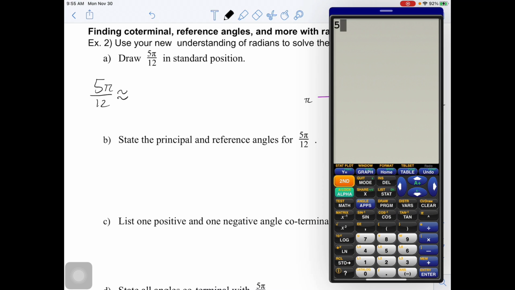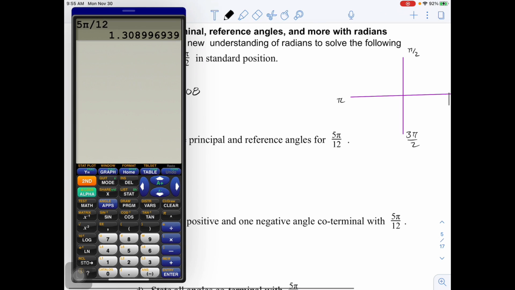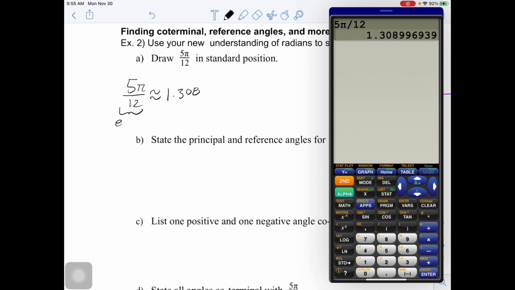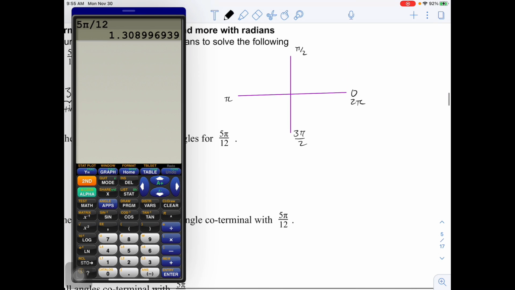So 5 pi over 12 gives me 1.308. Okay, and understand that this is the exact value, and this is the estimated, or the rough value.